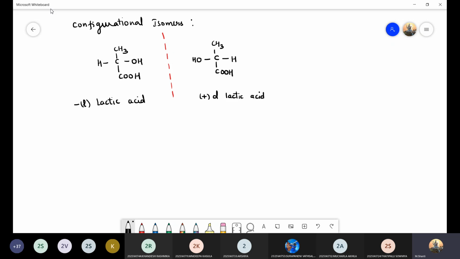See, if I take this molecule and put it in front of a mirror, I can get this molecule. That is L-lactic acid and D-lactic acid. These are mirror images. But when I come to superimposability, I'll take the D structure and keep it on the L structure. In the D structure, is OH on the right side or left side?